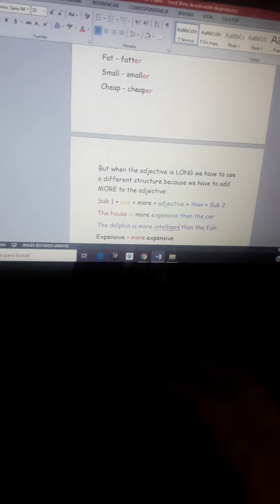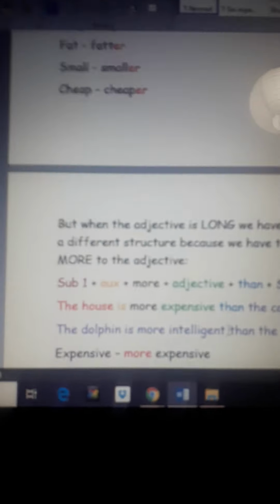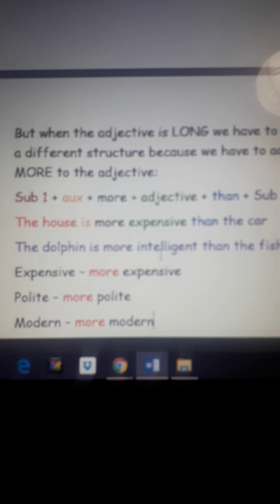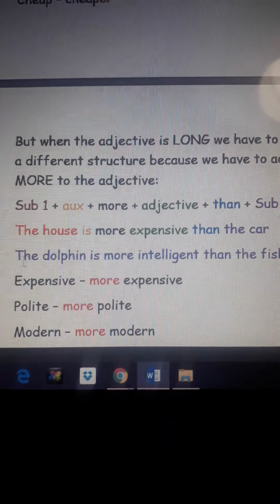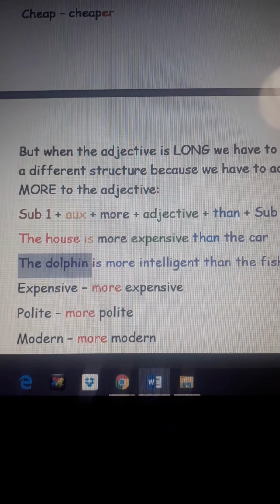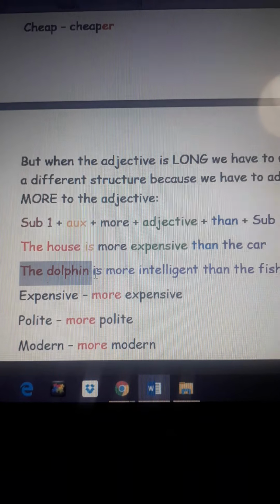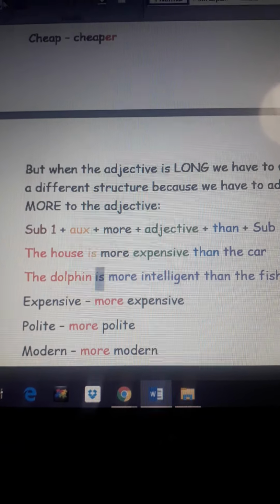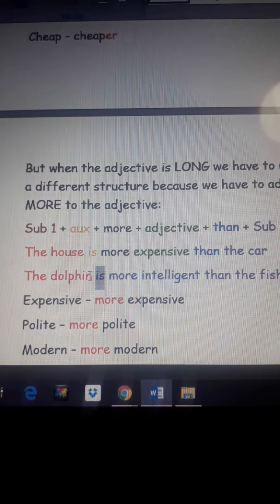We can say an example. Intelligent with T. So if you check, intelligent is another adjective that is long, and for that reason we have to use more. The dolphin will be the subject 1. Is is our auxiliary. If we want to mention, let's do it with this.